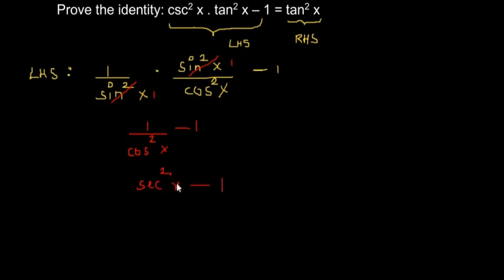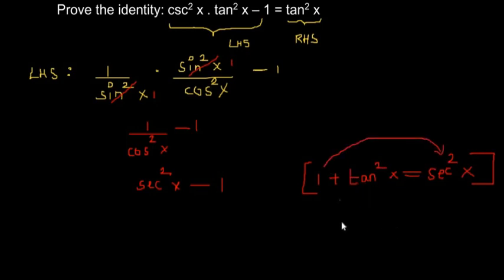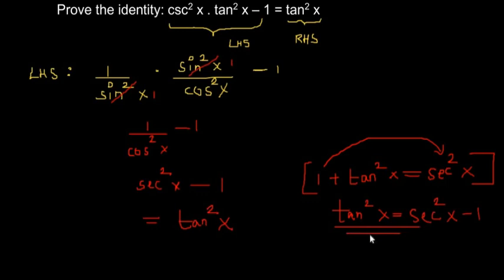Now sec square x is again a Pythagorean identity, in which the main identity was 1 plus tan square x is equal to sec square x. So it has become a rearrangement of this main identity: 1 has gone over here, so it becomes tan square x is equal to sec square x minus 1. That's why here sec square x minus 1 is equal to tan square x using this identity.